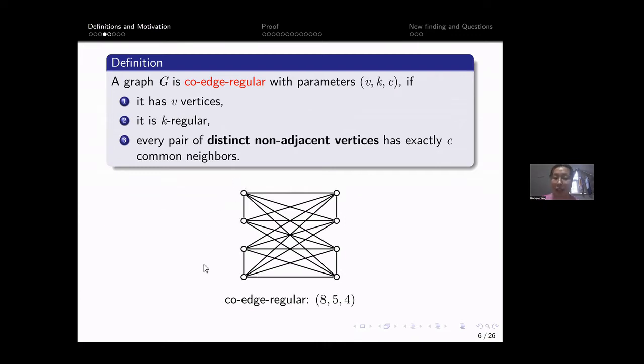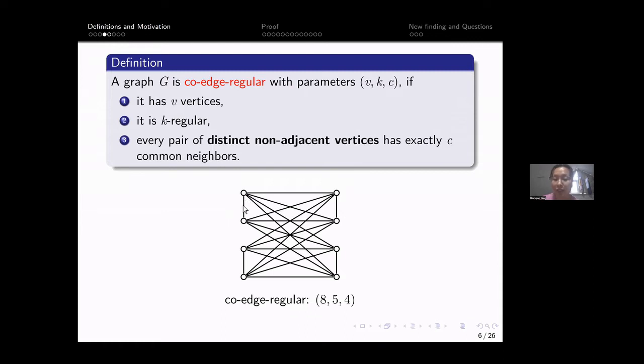We can see that there are 4 vertices on the left and another 4 on the right, and the vertices on the left and right are pairwise adjacent. The left has 2 edges, and the right also has 2 edges. We can check whether this graph is co-edge regular or not. First, it has 8 vertices, and every vertex has valency 5.